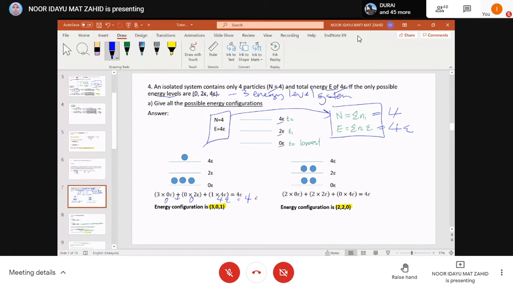That's why you obtain the total of 4 epsilon. This energy configuration can be written as 3, 0, 1. This is one of the possible energy configurations.